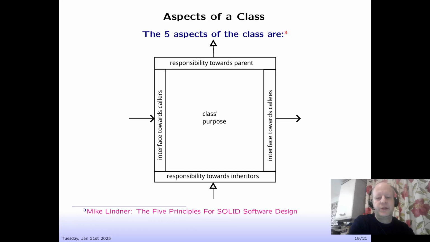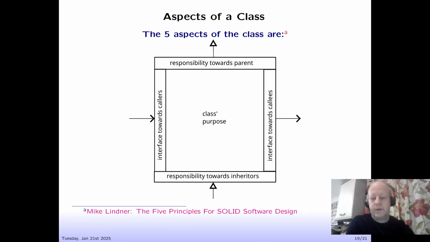In the center you have the purpose of the class, or maybe its responsibility, and then you have the responsibility towards parents, to the implementation it's based on, and you have the responsibility towards inheriting classes, or to code which in turn builds on this implementation, and you have responsibilities towards callers. So you have an interface towards callers, and you also have an interface towards callees.